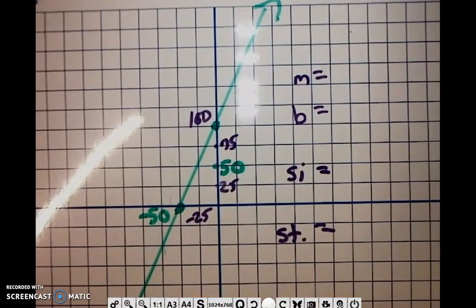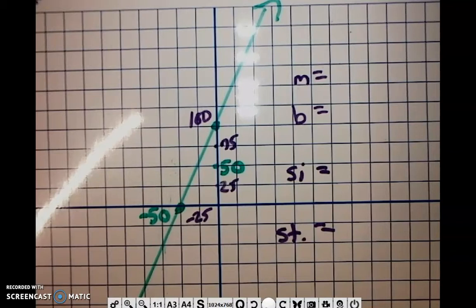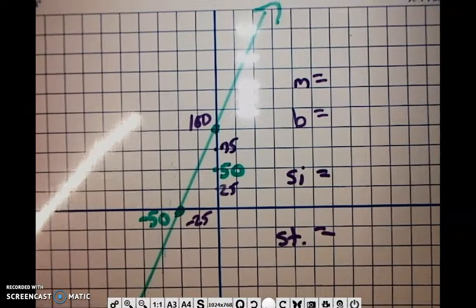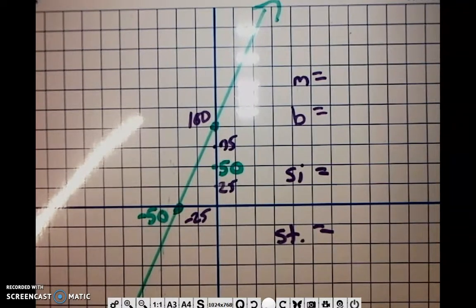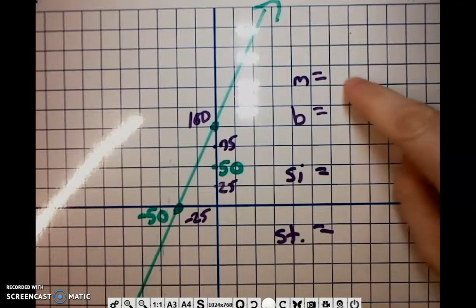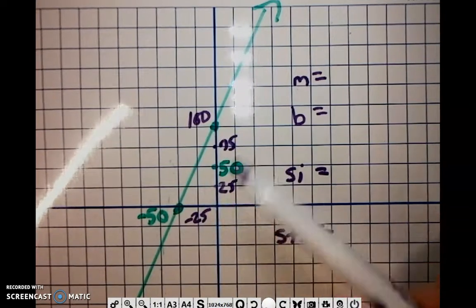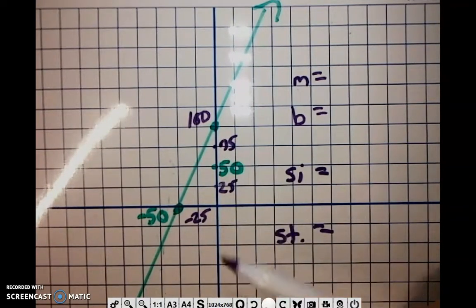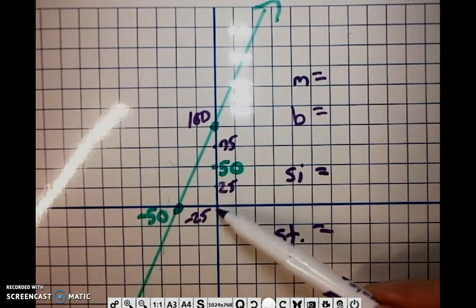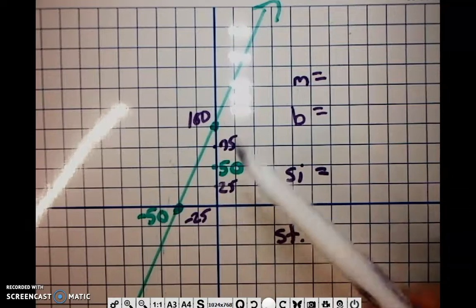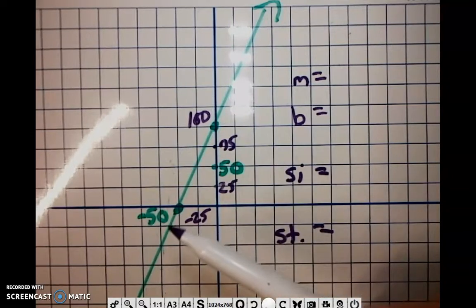Now when I do rise over run, I want you to notice something here. The first thing we're going to do is identify our slope. I'm going to start always left to right. Because my scale is the same for my x and y axis, what I mean by that is these increments are increments of 25. So 25, 50, 75, 100. This is negative 25, negative 50, negative 75.